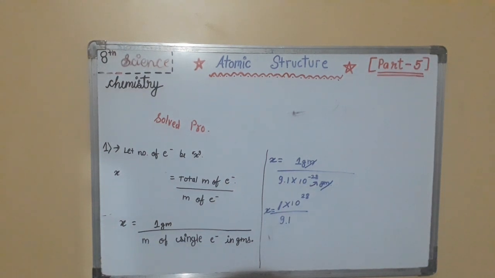After that we can write 10 raised to 28 as 10 into 10 raised to 27, meaning one power shifted to the next number upon 9.1.